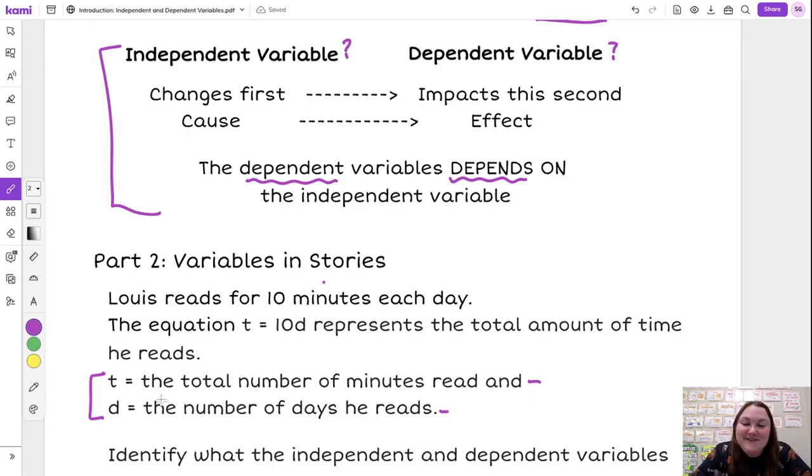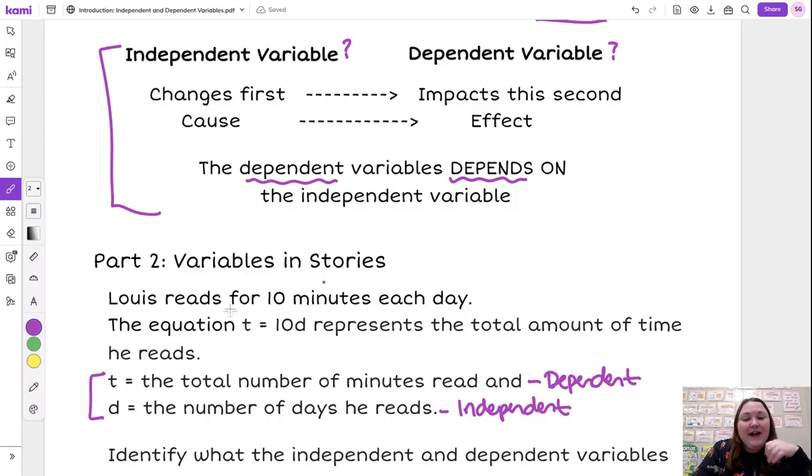So the answer for that question, the total number of minutes read, that is our dependent variable. And the number of days he reads, that is our independent variable. Going through the different ways you can think of it, the number of days he reads, that's what he has control over. That's the cause.